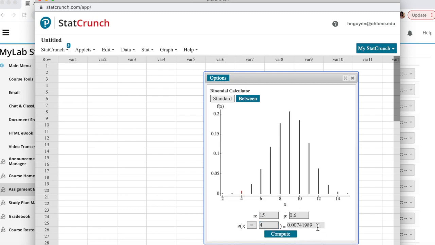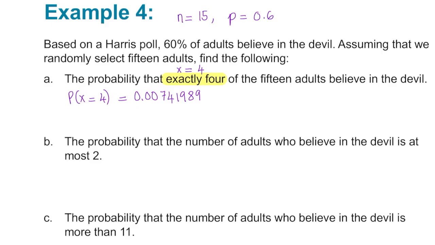My probability is 0.00714989. There was no instruction on how to round this number, so I'm going to round to 3 significant figures. And I got 0.00715.